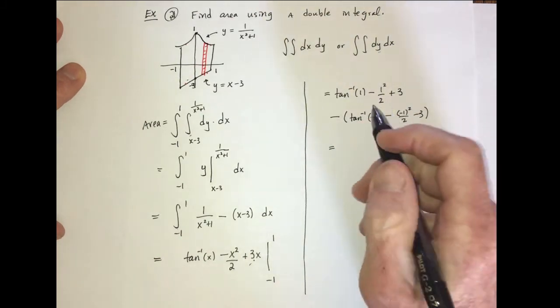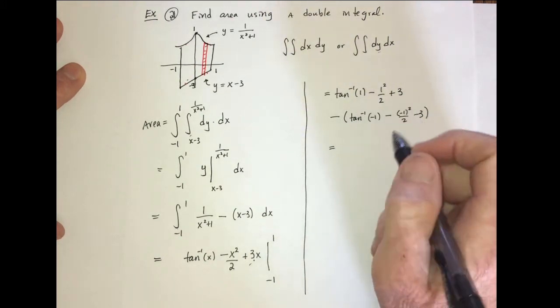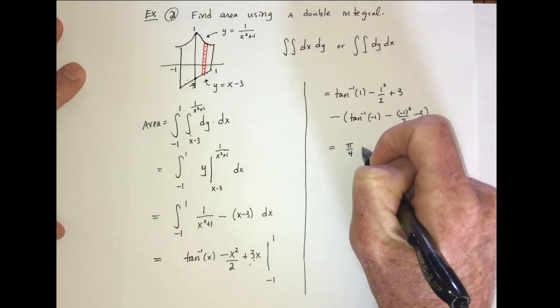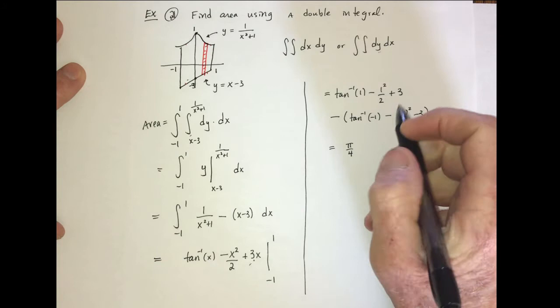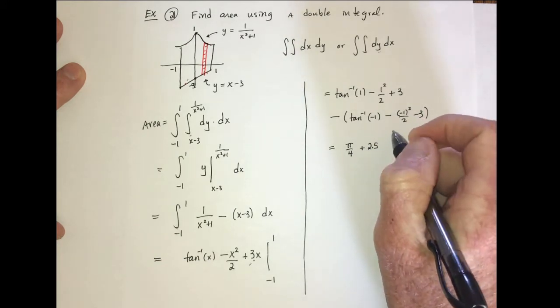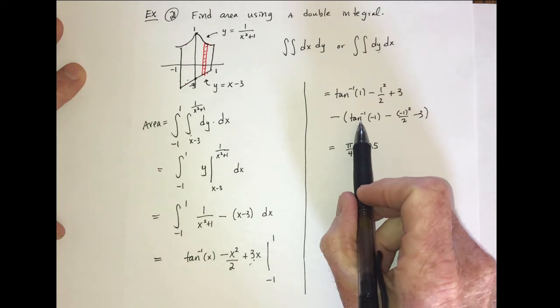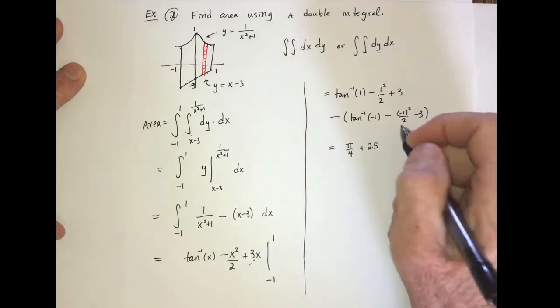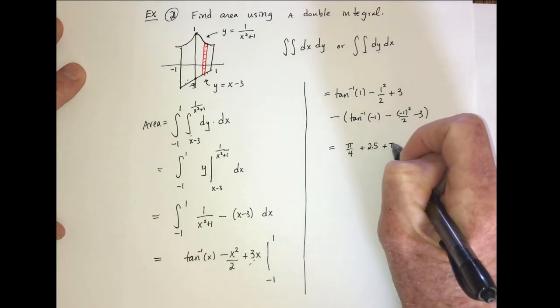So tangent inverse of 1, that is pi over 4. And then this would be 2.5, so plus 2.5. Tangent inverse of -1, that's actually negative pi over 4, but with that negative means it's plus pi over 4.